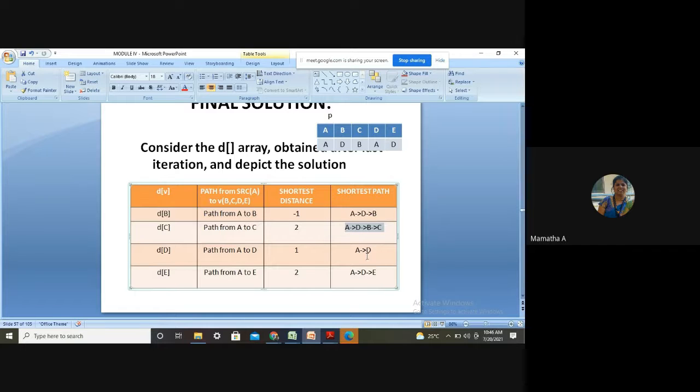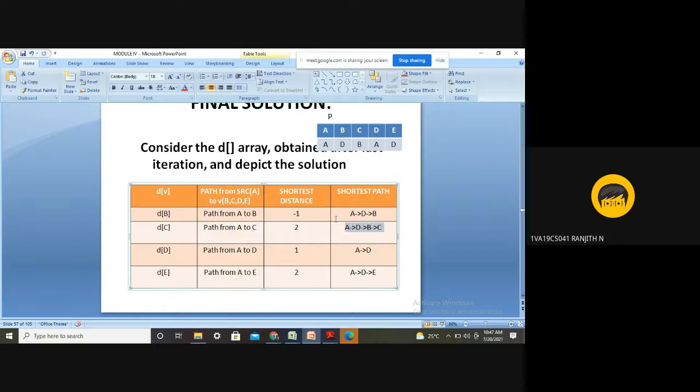Okay, path from A to E. Yes, Ranjit. A to E, what is the path?